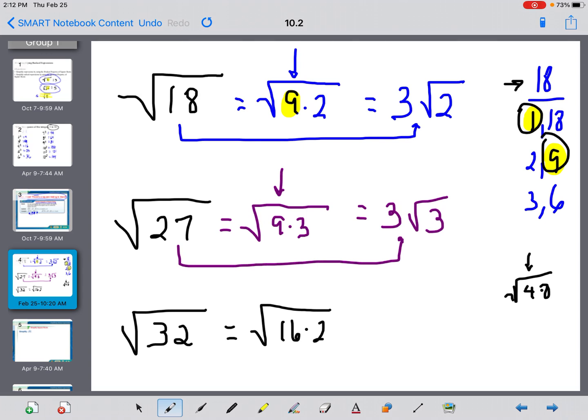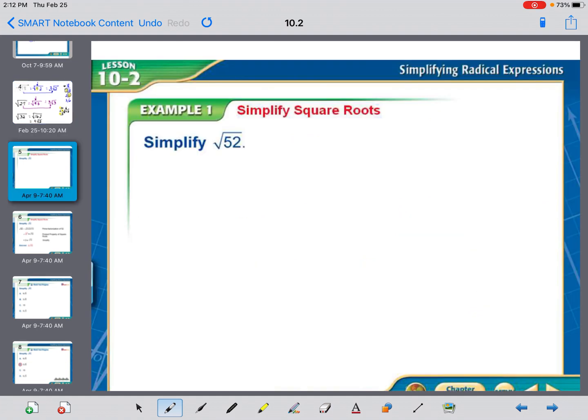We went with the largest one. So if you did 32 and you looked at all the factors of 32, 1 and 32, 2 and 16, 3 doesn't work, 4 and 8, you can see you got a square, and a square. And you want the largest one, which happens to be 16. So the square root of 16 is 4, and the square root of 2 is the square root of 2. That's how this is going to work.